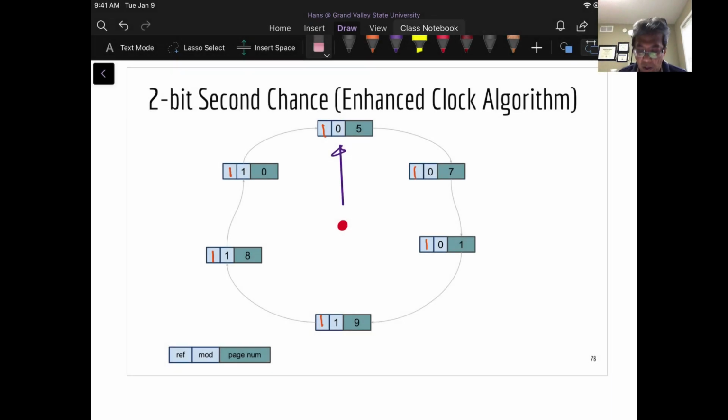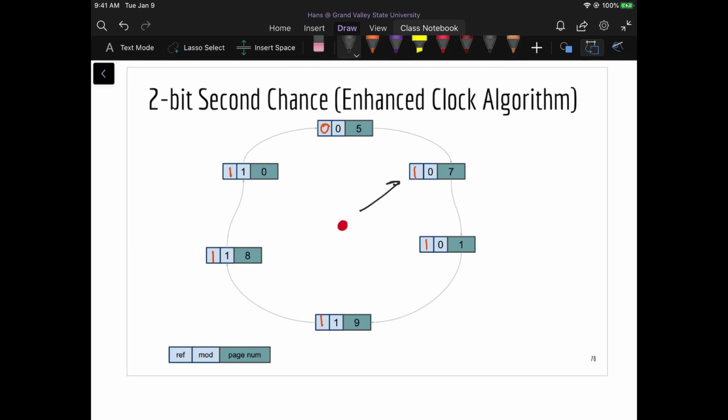So what if all the reference bits are 1? We start at page 5 again. We reset the reference bit from 1 to 0 and continue searching to the next entry.